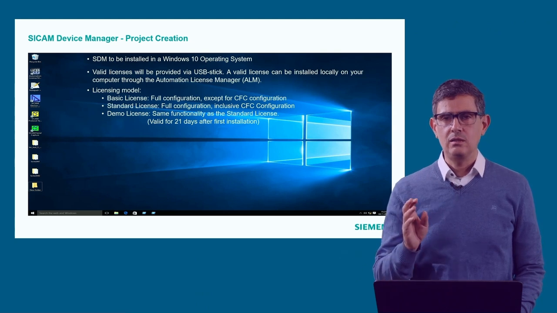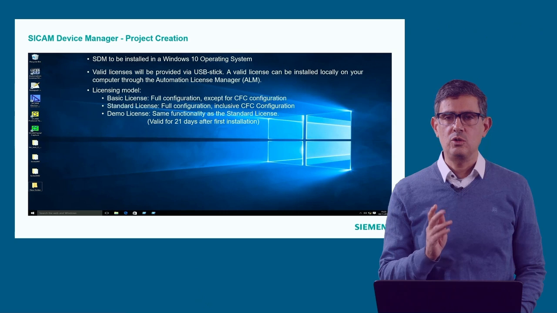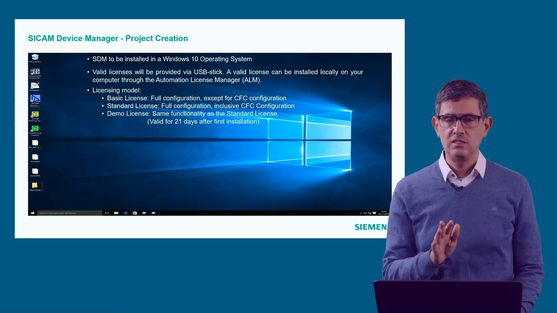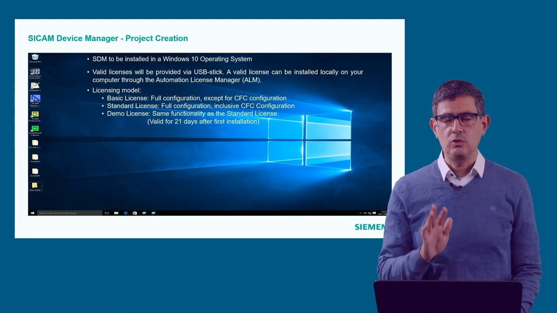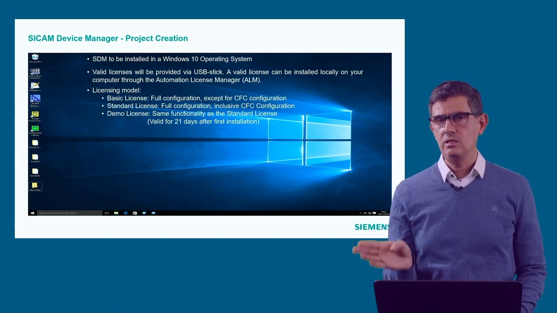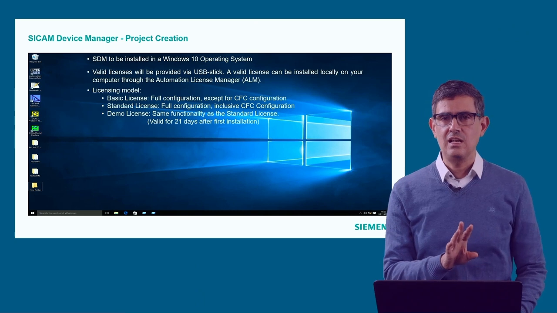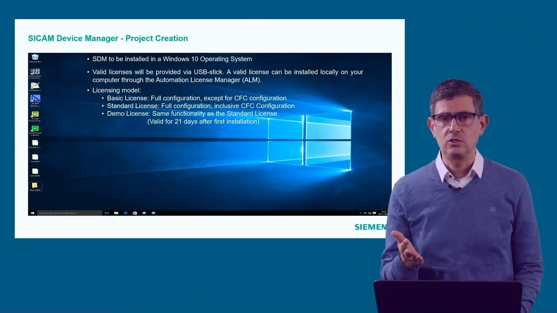The only thing that is not included in the basic license is the configuration of CFC logics. There is no CFC editor there. If you need to configure also CFC logics, then you need the standard license. All the same functionality as in the basic license, but in addition, you have a CFC editor.